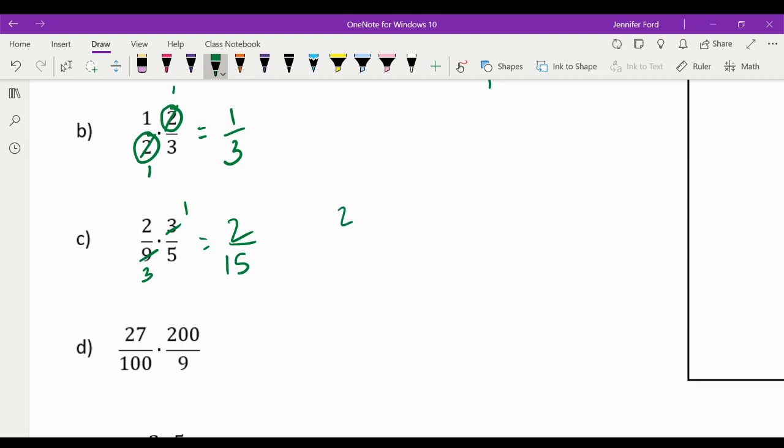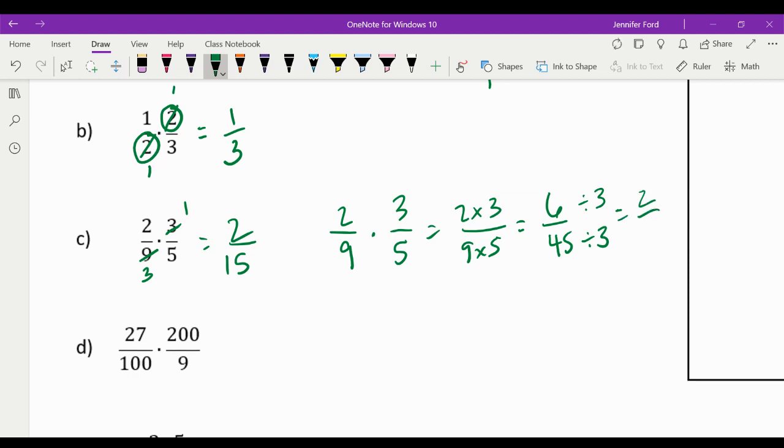If you did it the long way, 2/9 times 3/5, we're going to get the same answer. 2 times 3, and then 9 times 5, because remember you multiply across. 2 times 3 is 6. 9 times 5 is 45. Divide those both down by 3, and you get 2/15. Okay.